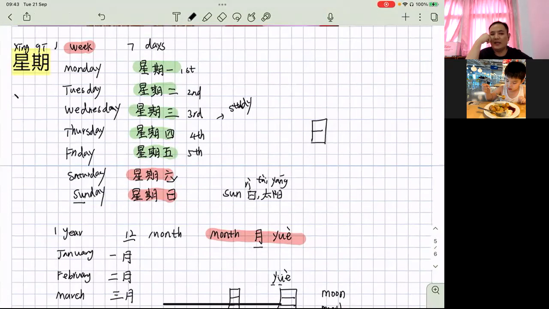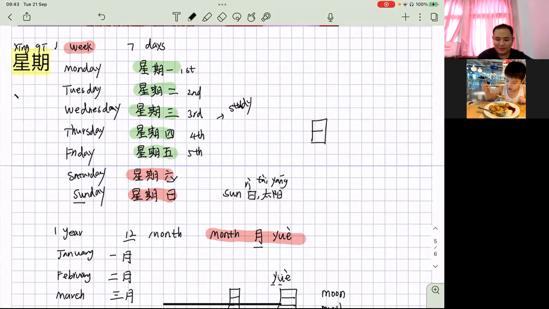Now for English, Monday is 星期一. Tuesday is 星期二. Now Wednesday is 星期三. Thursday 星期四. Friday 星期五.